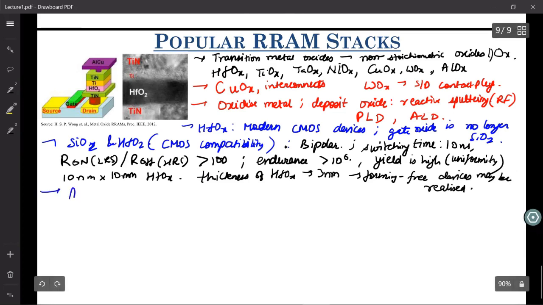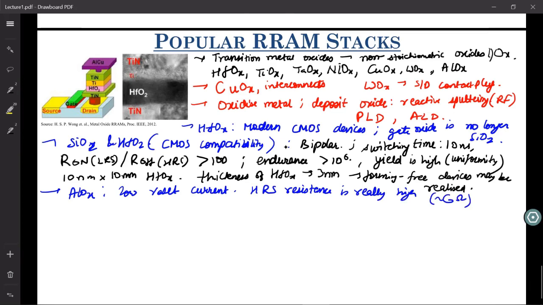Then the other class of oxide which people have studied is AlOx. This aluminum oxide is also CMOS compatible. The best part about this is these devices give you a very low reset current. Since the reset current is low, your HRS resistance is really high. It can go to some gigaohms.